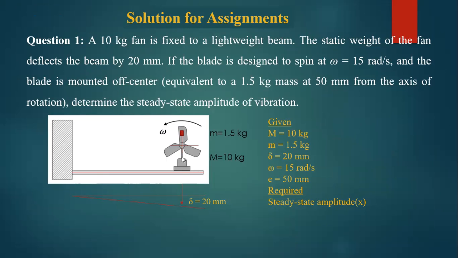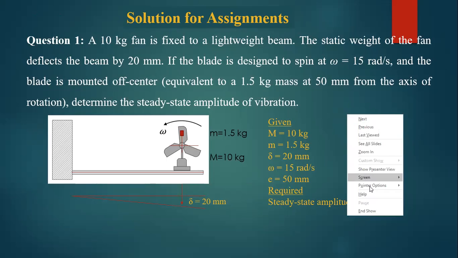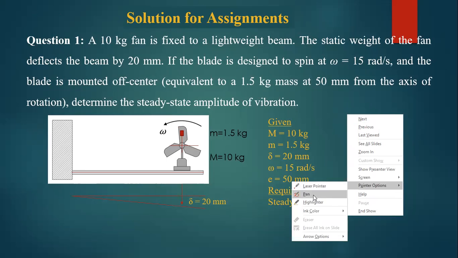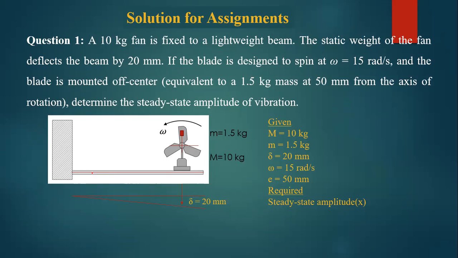So what we can see is delta equal to 20 millimeter is the static deflection. This is due to the mass experienced on the elastic beam. This elastic beam we consider as a spring system, so that it will deflect.